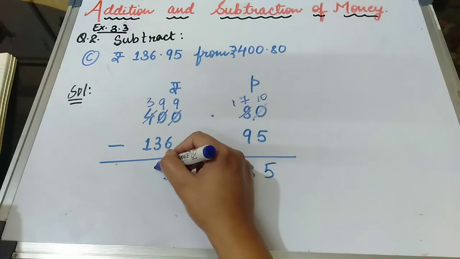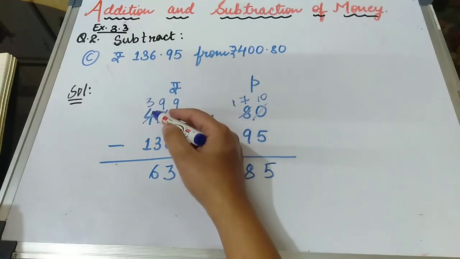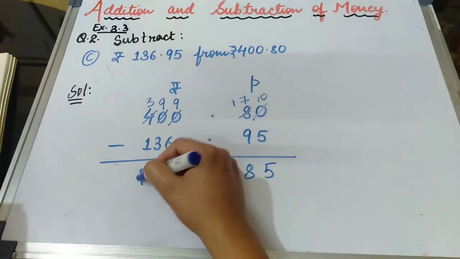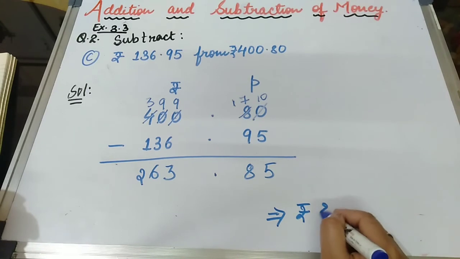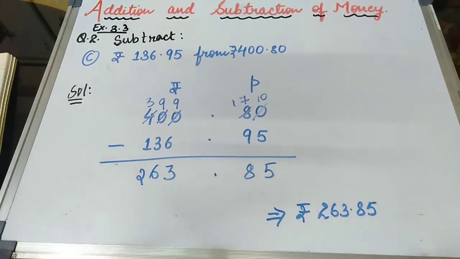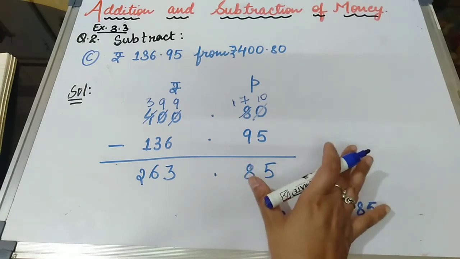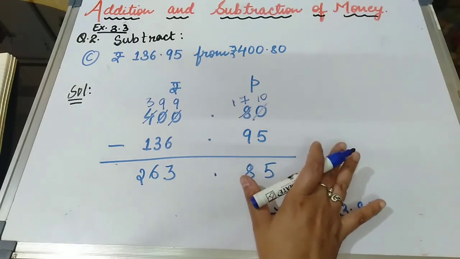And 9 minus 3 will be 6. And 3 minus 1 will be 2. The answer will be rupees 263.85. Okay, you can add and subtract the money. Now complete the exercises till exercise 3.3.